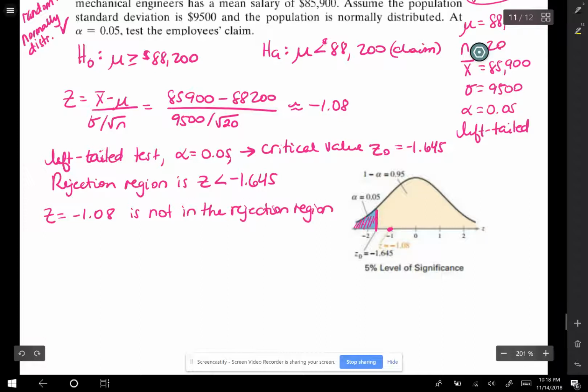Because the rejection region is if z was less than negative 1.645, negative 1.08 is not less than that. So z is not in the rejection region. So here is our interpretation. Since we're not in the rejection region, there is not enough evidence at the 5% level of significance, because that's what they gave us.